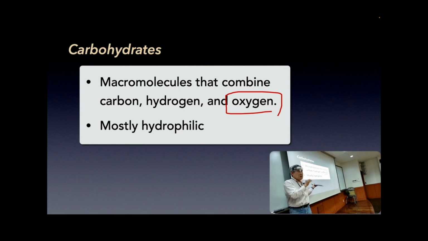So it becomes a little bit polar. So if any molecule is polar, then it will be hydrophilic. That's it. Anytime you consider the carbohydrate, they are going to be hydrophilic. One good thing about hydrophilic is, they are going to be easily dissolved in the water, fine.